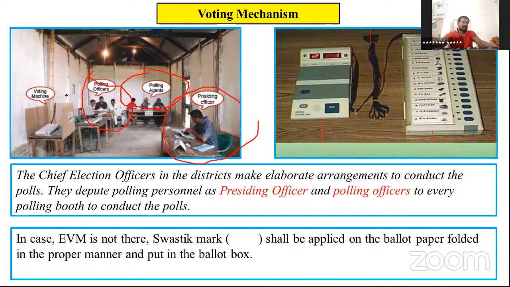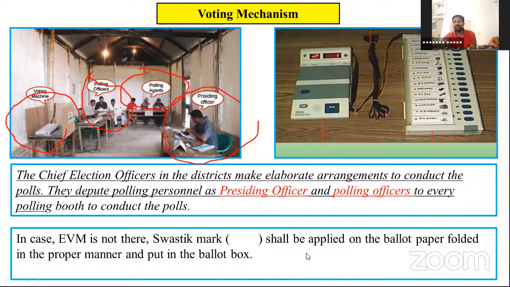Look at this. This is the voting compartment. There is a ballot box, and the EVM machine. See this. In case the EVM is not there, a swastik mark shall be applied on the ballot paper, folded in the proper manner, and put in the ballot box.